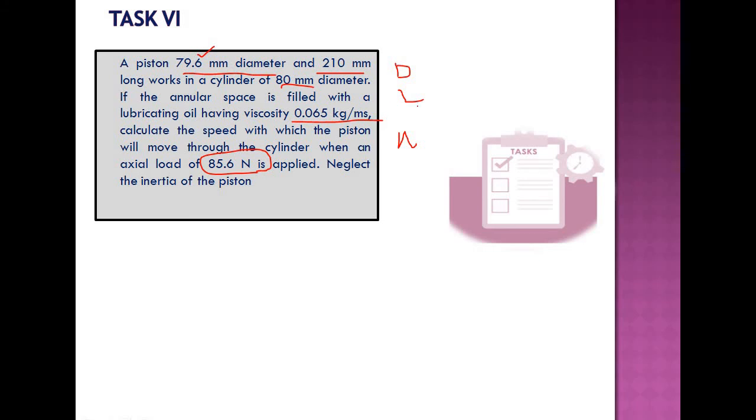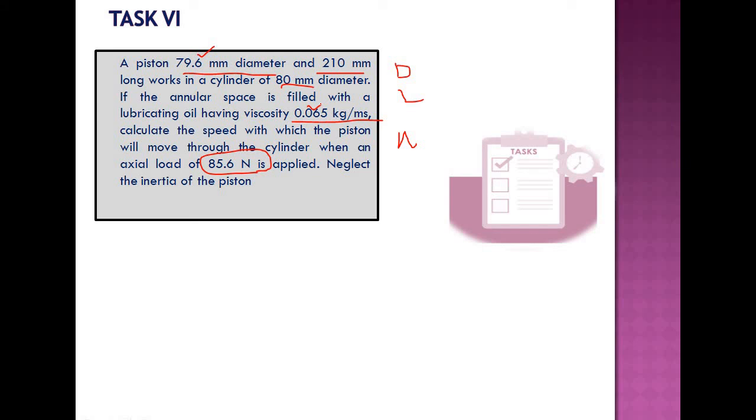So how will you do this problem? You can do this by yourself. As I already told, the thickness of the fluid film is given, or you can calculate 80 minus 79.6. Then mu is also given. So assuming the fluid as Newtonian, shear stress you can calculate, that is tau equal to mu into du by dy.